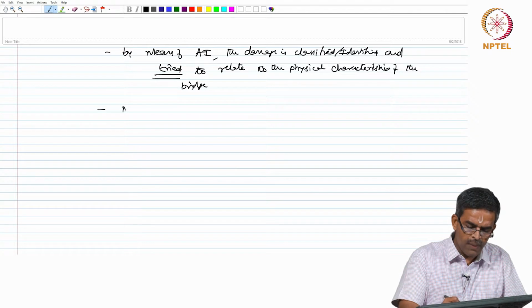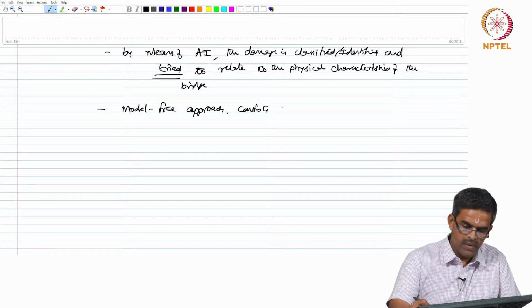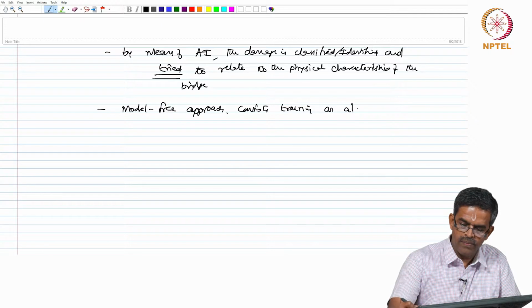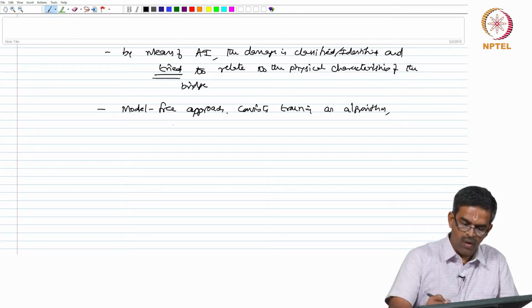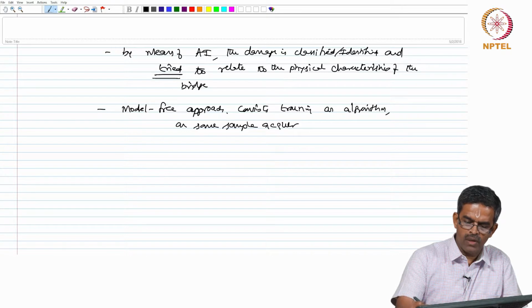The model free approach involves training an algorithm on some sample acquired data, not on the numerical model, but on some other acquired data similar to this.